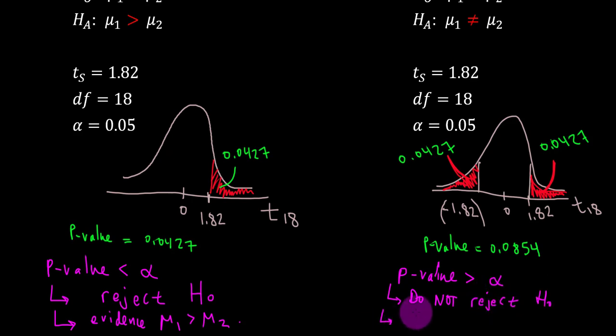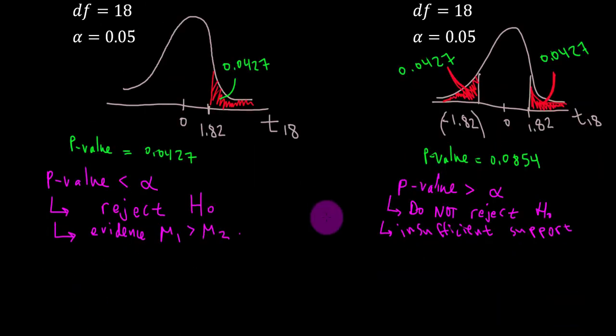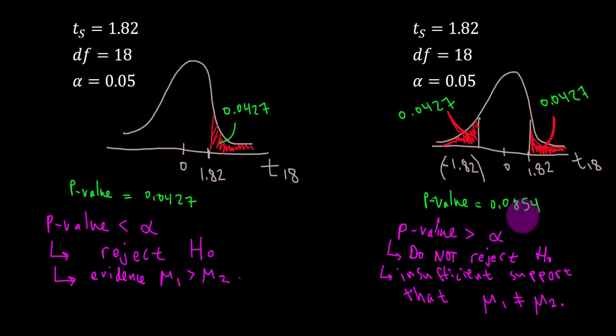Our interpretation of that is there is insufficient evidence or insufficient support for the statement in the alternative hypothesis, insufficient support that these two means are significantly different.